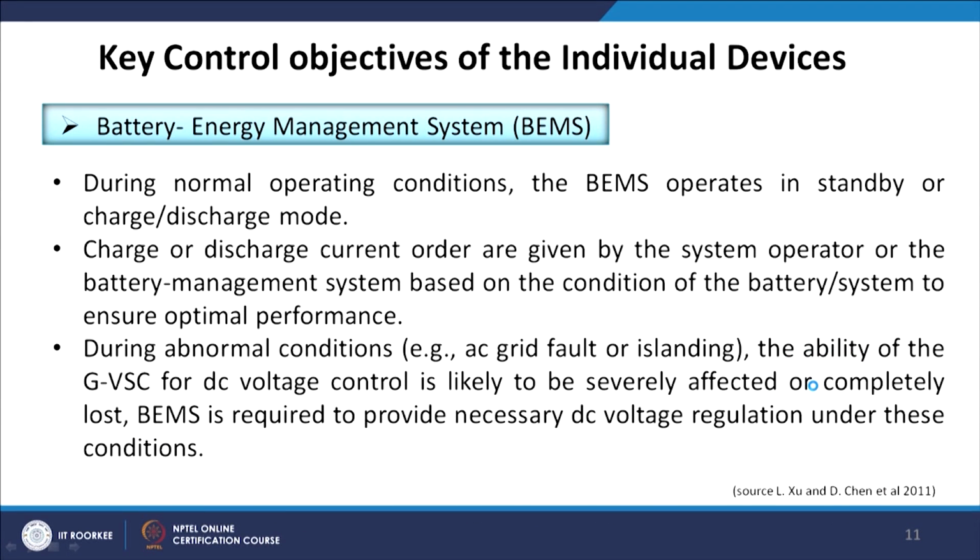During abnormal conditions, that is grid failure or islanding, the ability of the GVSC for DC voltage control is likely to be severely affected or completely lost. So, the BMS is required to provide the necessary DC voltage regulation under these conditions.